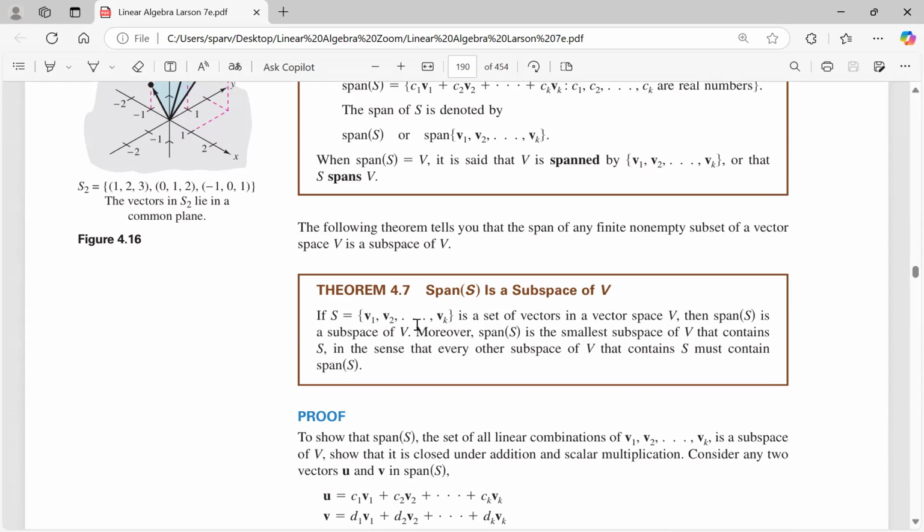Now, the span of S is a subspace of V. That's a theorem.